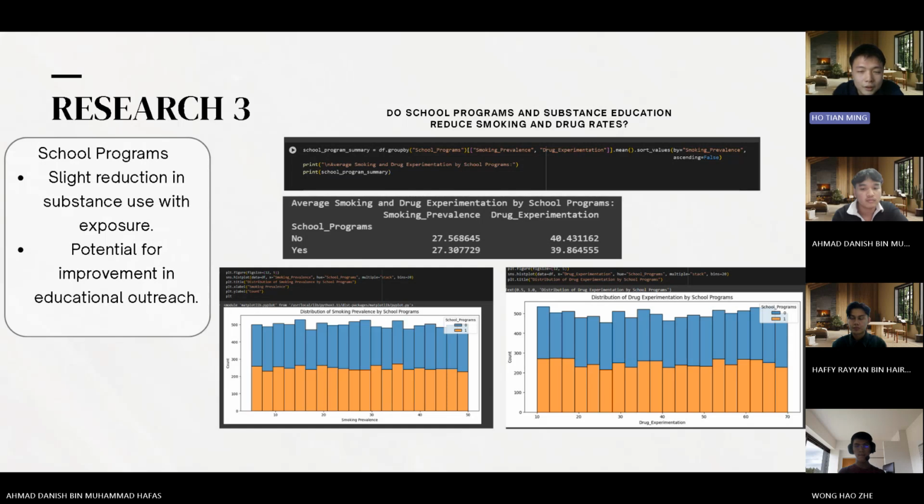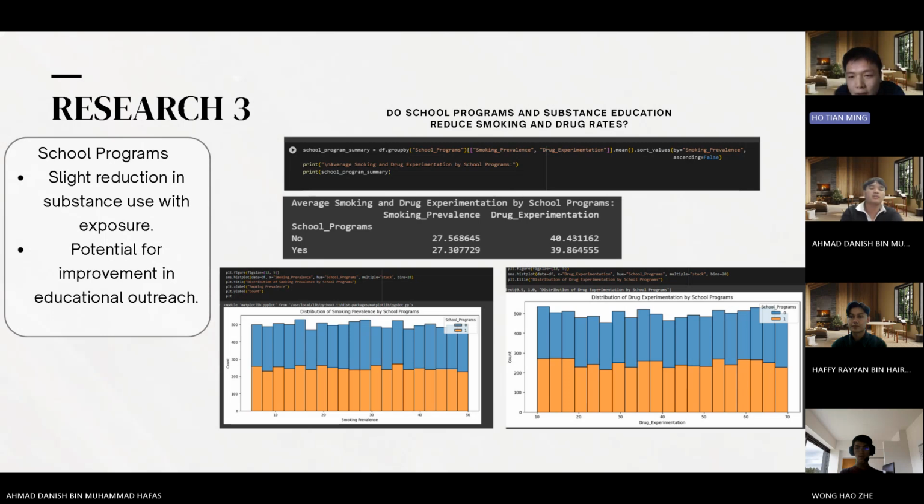I will talk about research question three: do school programs and substance education reduce smoking and drug rates? I'll explain the lines of the code. This section focuses on understanding the relationship between school programs related to substance use, represented by the school programs column, and the average levels of smoking prevalence and drug experimentation in the dataset.